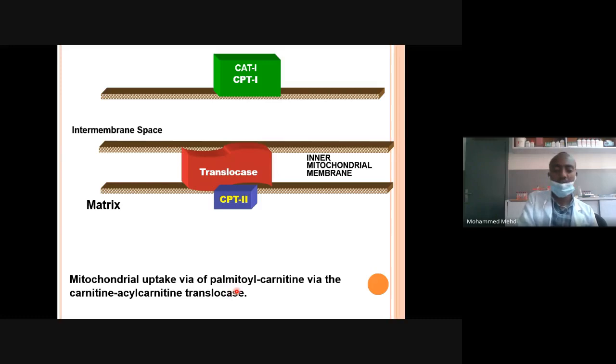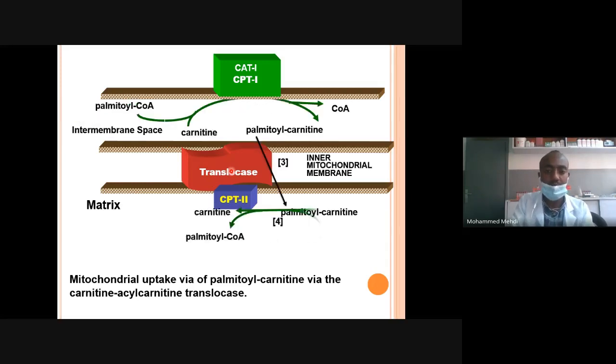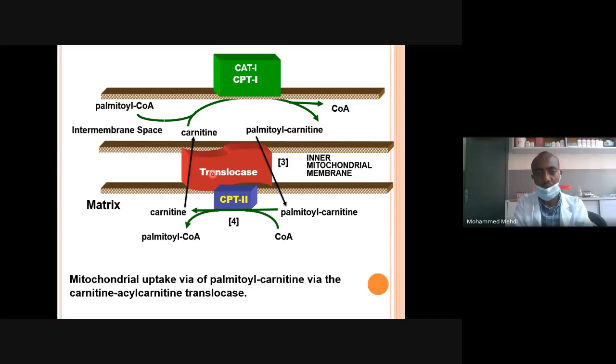Mitochondrial uptake of palmitoyl carnitine: the carnitine acyl carnitine translocase enzyme exchanges fatty acyl carnitine into the matrix and exports carnitine out of the mitochondria. This translocase enzyme is important to exchange palmitoyl carnitine into the matrix and carnitine out from the matrix to the cytoplasm.